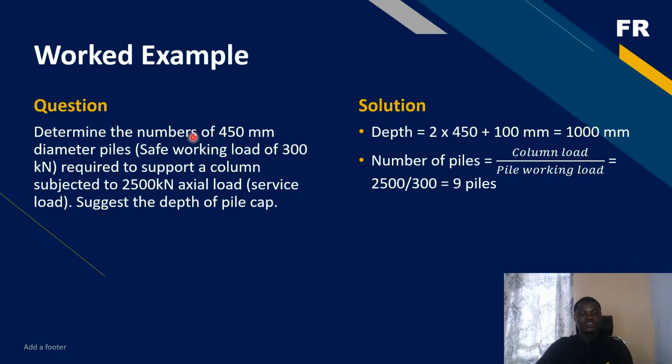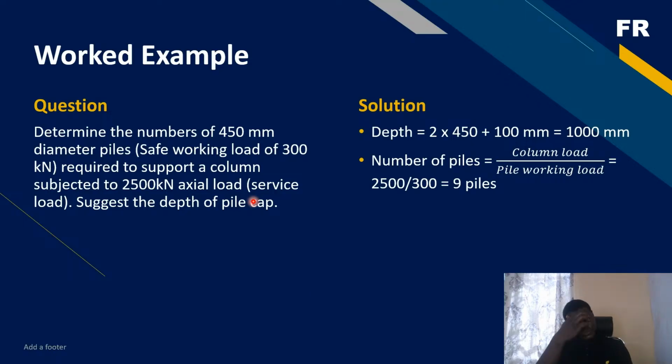Based on the investigation report, each of these piles has a safe working load of 300 kilonewton, required to support a column subjected to 2500 axial load. So this load is a service load. The question asks us to determine the number of piles required and then the depth of the pile cap. You should suggest the depth of the pile cap.